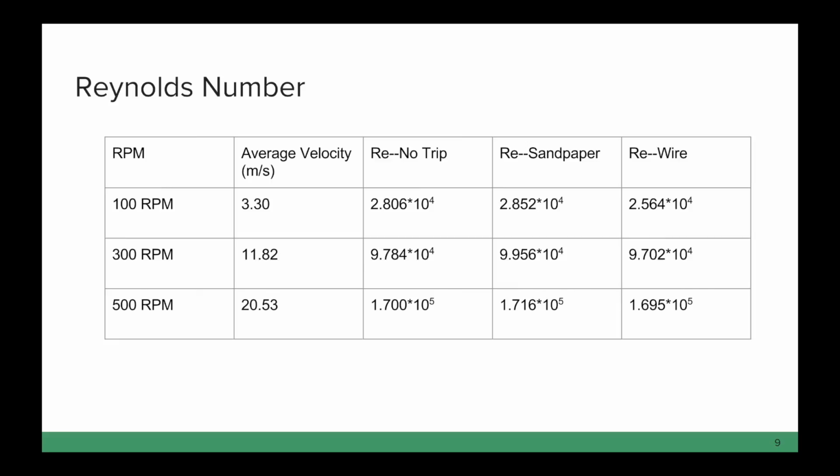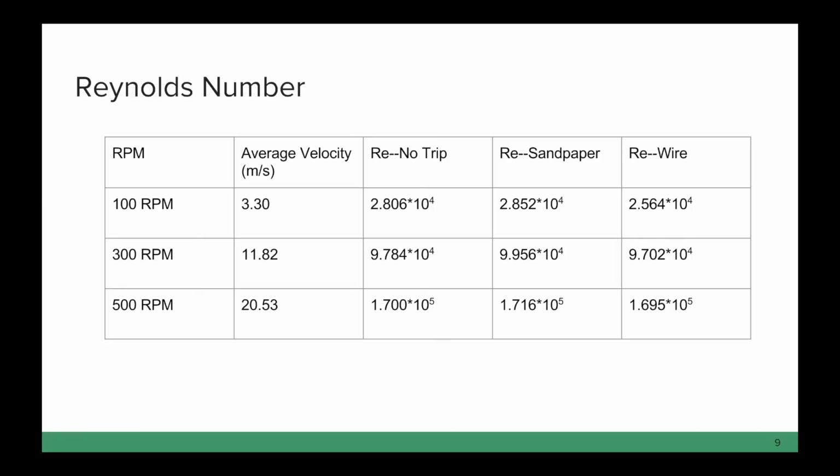The characteristic length used to calculate Reynolds number was the diameter of the cylinder. Looking at the Reynolds number, the values are different for each test, even though the experiment was run at the same RPM. Even though the values are fairly close to each other, the fact that they are not exactly the same at each test creates error when analyzing the data. Theoretically, the Reynolds number for the 3 different methods tested should be the same.